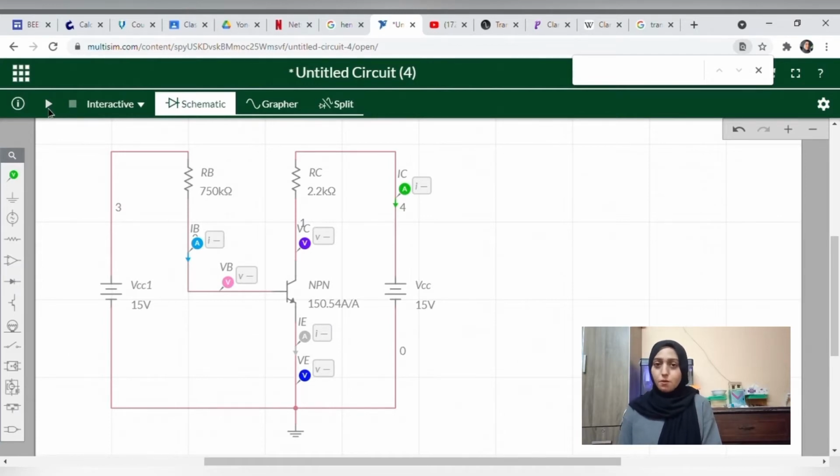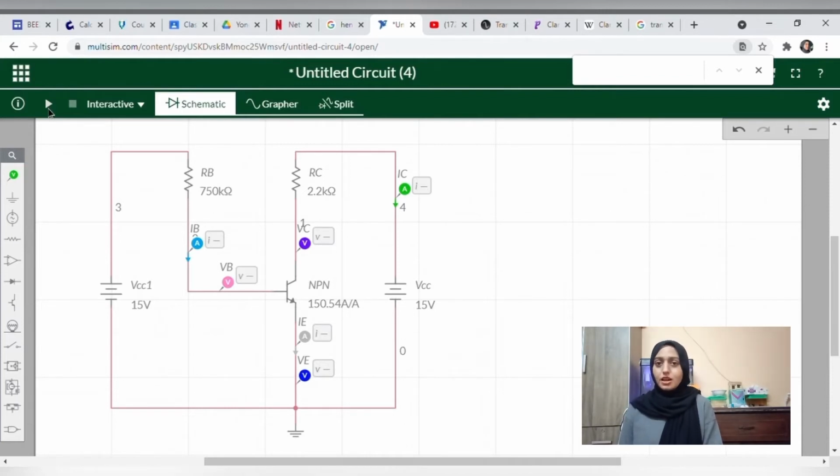For base emitter loop, the voltage supply VCC is connected directly to the resistor RB with value of 750 kilo ohm, while at the collector emitter loop, the voltage supply is connected directly to the RC with a value of 2.2 kilo ohm. After that, we connected the resistor RB and RC to our NPN transistor.